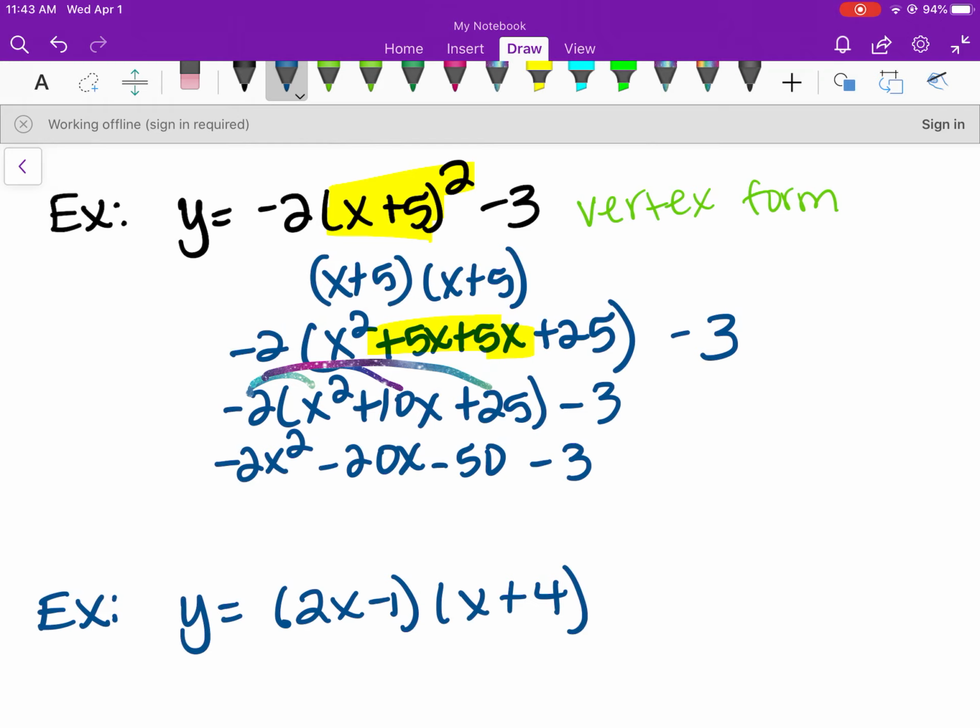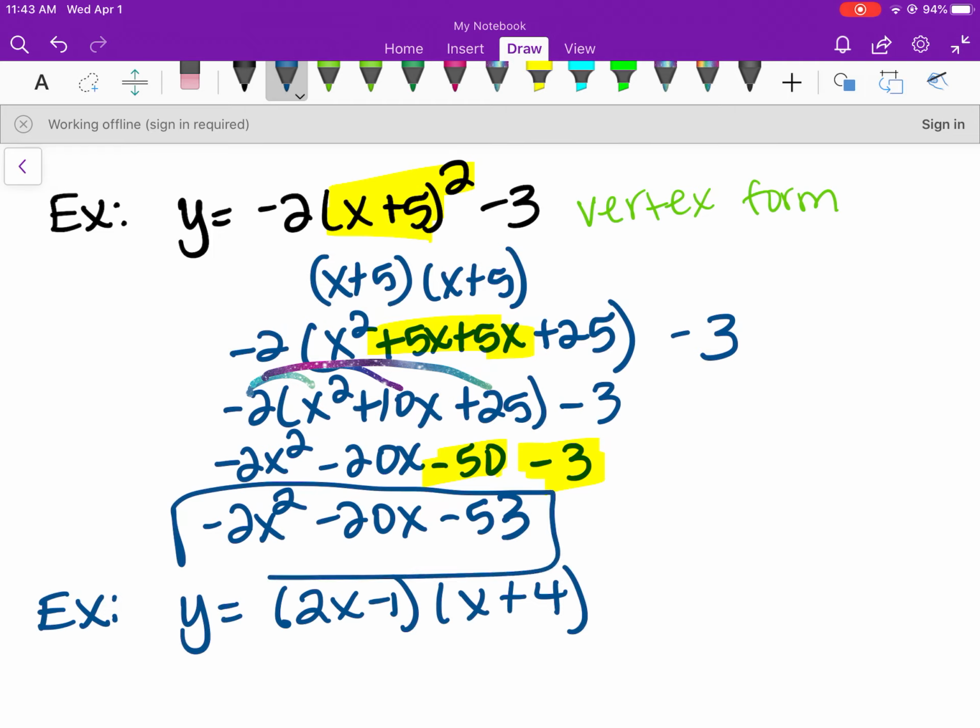Notice that I did not multiply the -2 times the -3. The -2 only gets multiplied by what's in parentheses. Now I need to combine these two like terms because they are both constants. So my answer is -2x squared minus 20x minus 53.